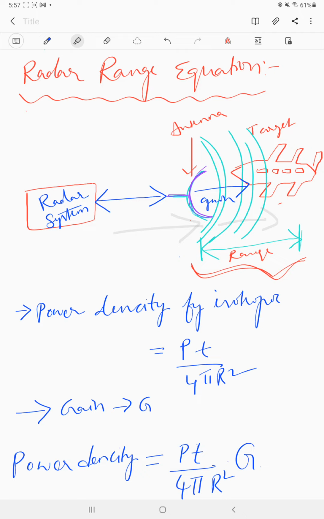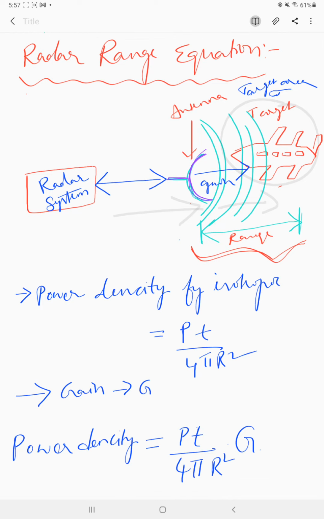Based on the target area, the target area is sigma.